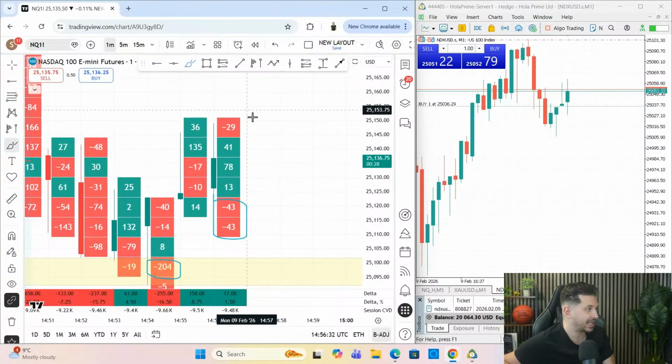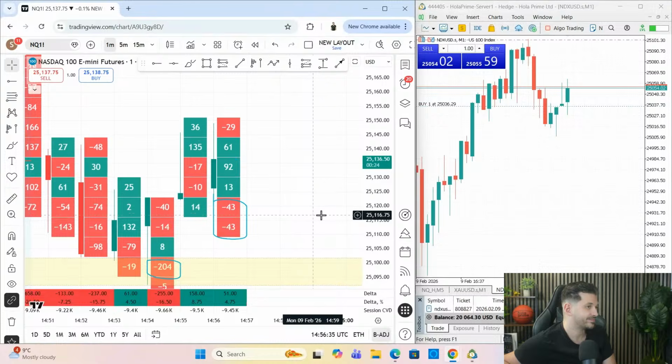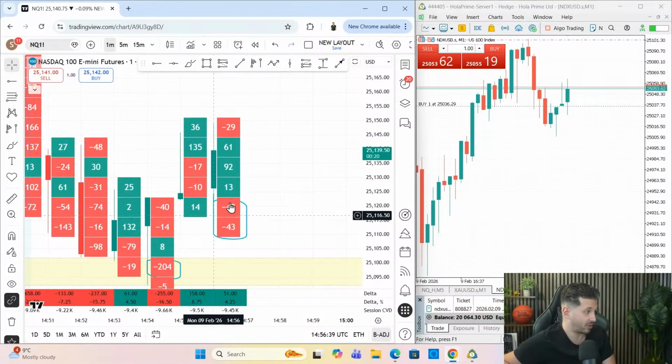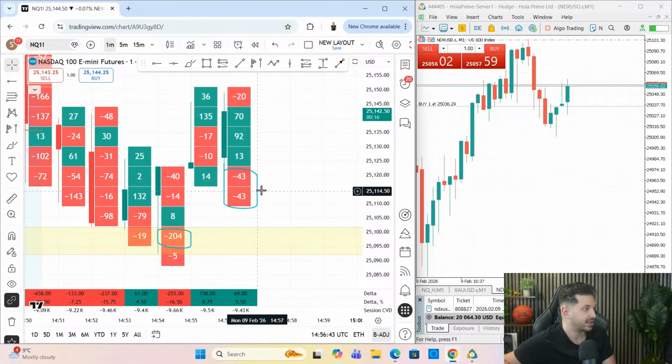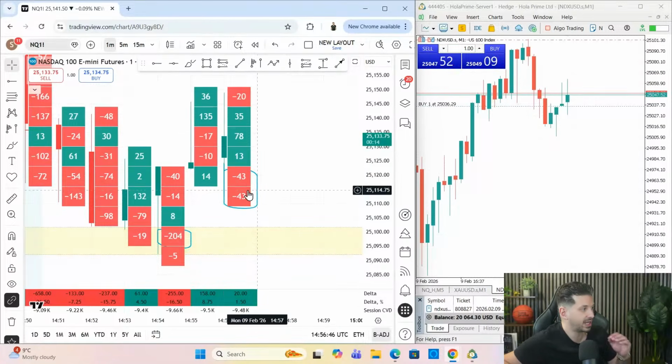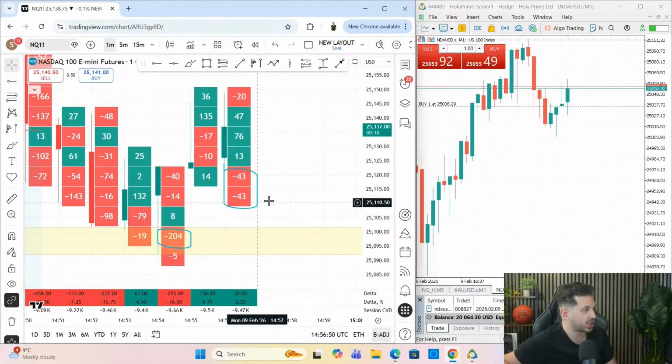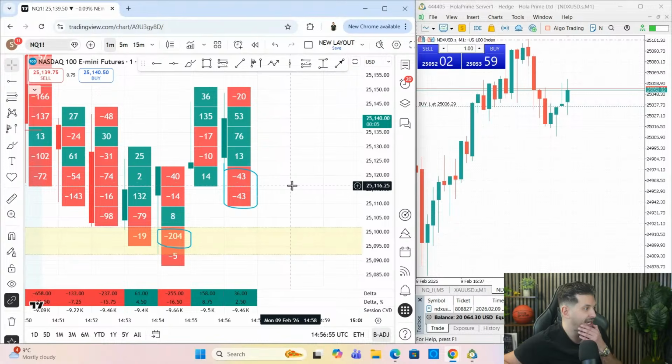If they keep getting absorbed, if sellers keep coming in here, it's not a good sign either. But what we saw a minute ago, great sign, really good sign. It was not just the numbers themselves, it was the speed of it, right? The candle quickly shot away from those sellers that entered. They really got trapped there.